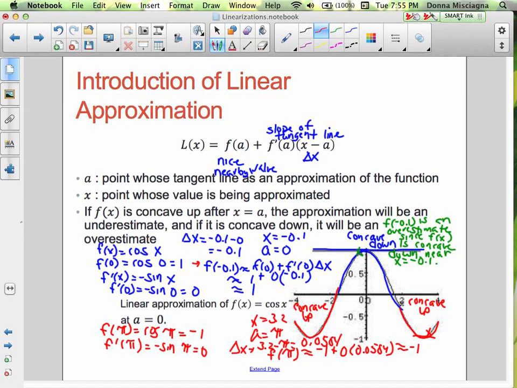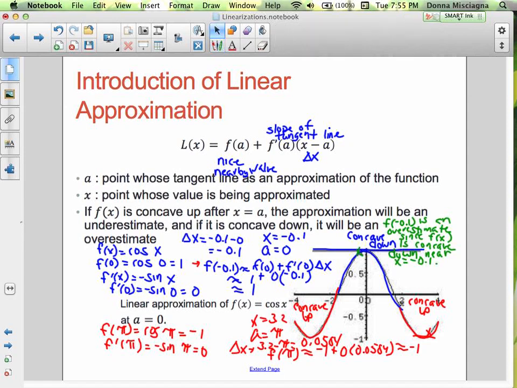Right there we are concave up. So since we're concave up, we have an underestimate. We've underestimated our value. We shouldn't be at -1. We should be a little bit more than that. It's kind of hard to think of because we're negative. So -1 is even less. We've overestimated because we're not as low as -1.